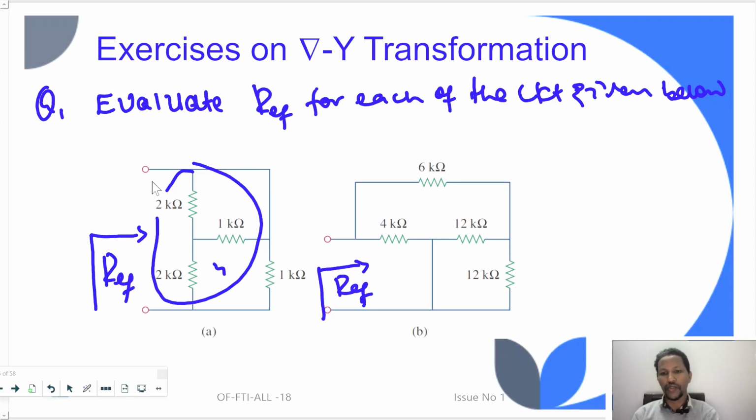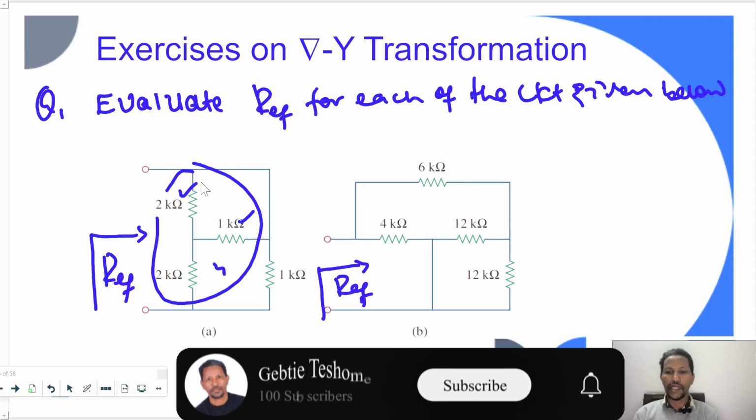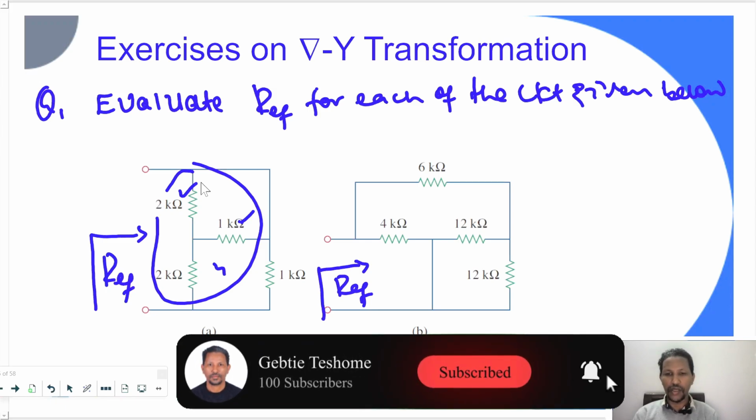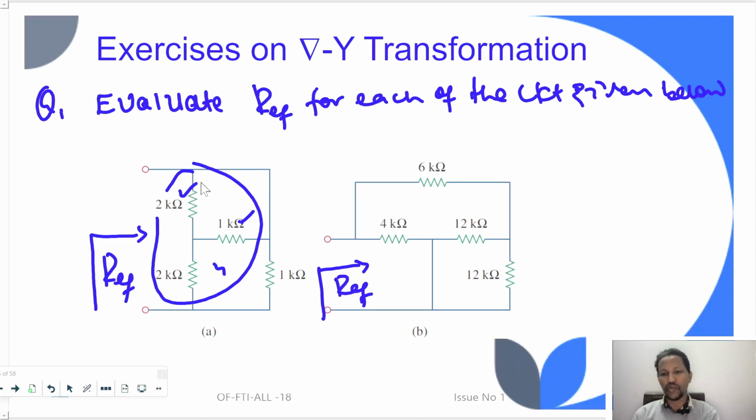because as you can see, this resistor and this resistor are connected in parallel. Their equivalent will be in series with the 2 kilo ohm resistor, and the summation of the two will be in parallel with the 1 kilo ohm resistor.